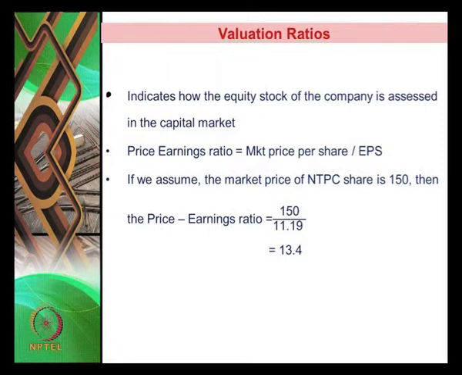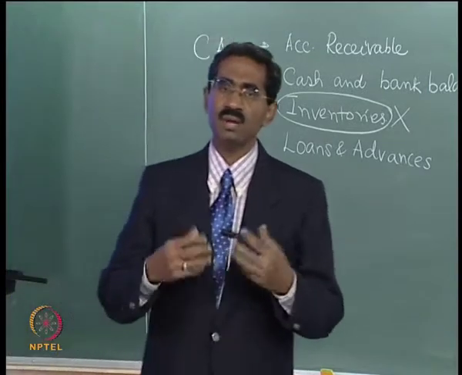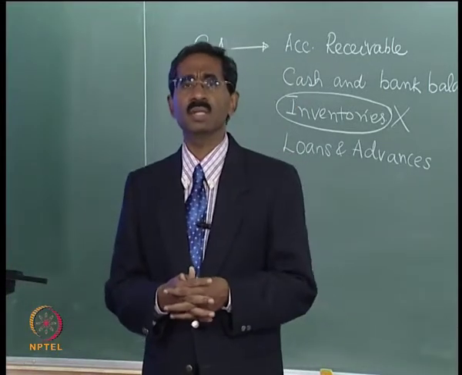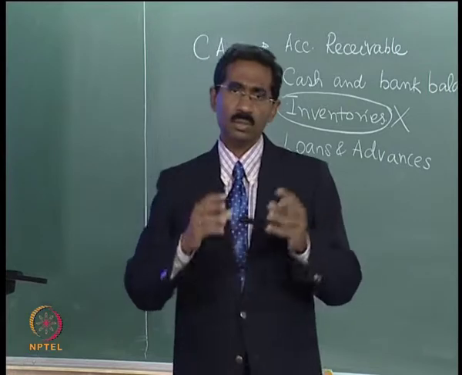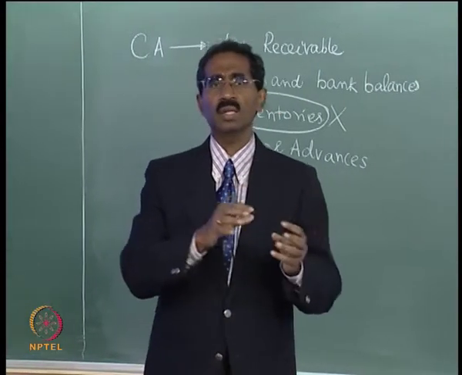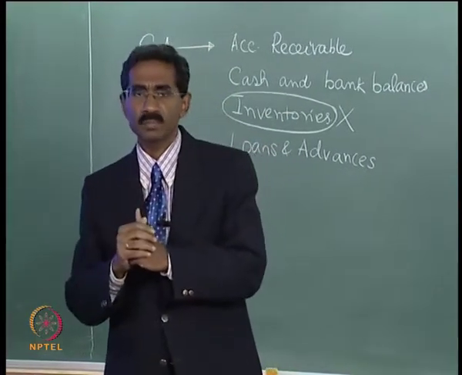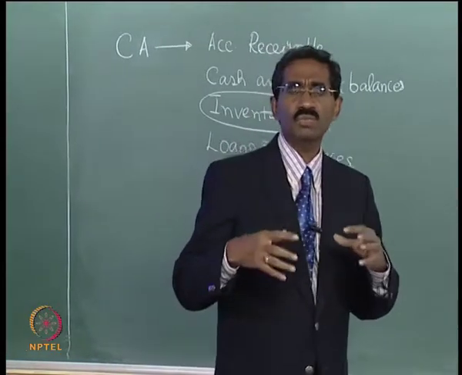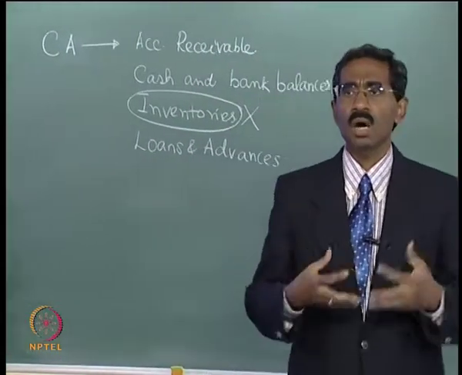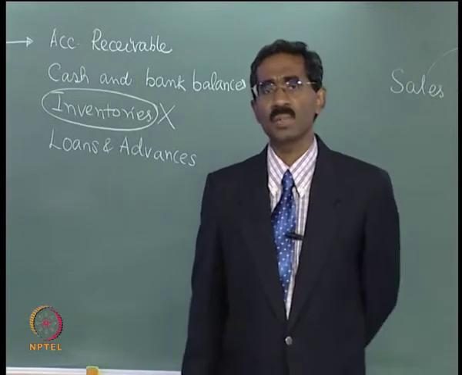One is you find out the total amount of equity capital from the balance sheet, and you also have a company stock that is traded in the stock exchange. So there is a book value of equity and then there is a market value of equity. Valuation ratios give you an indication of how the market values the company's equity share.